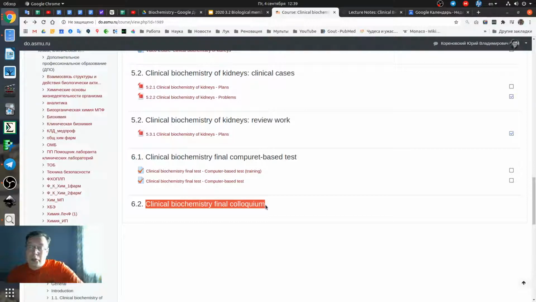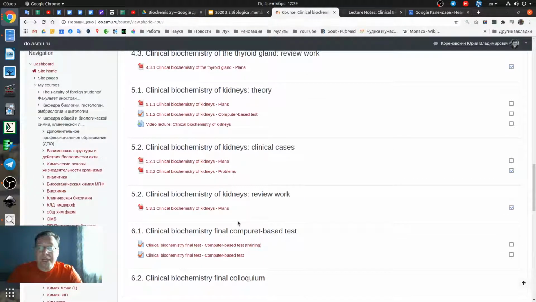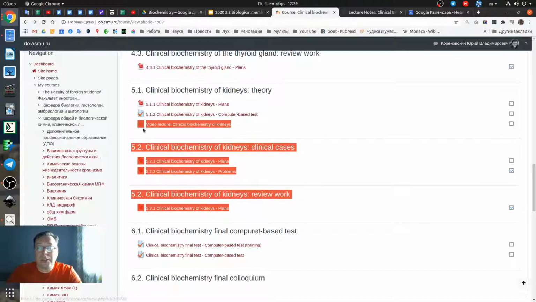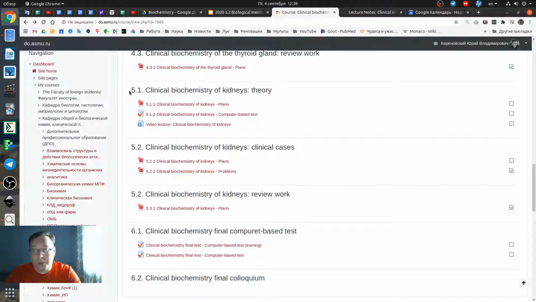Two clinical cases which you have to solve. And that's all. So the last work will take 40%: 20% for the computer-based test, and 20% for solving the clinical cases. And the remaining 60% of the whole mark you can get from all these practical works, like the computer-based test on the appropriate topic, or solving problems or clinical cases on one appropriate topic.